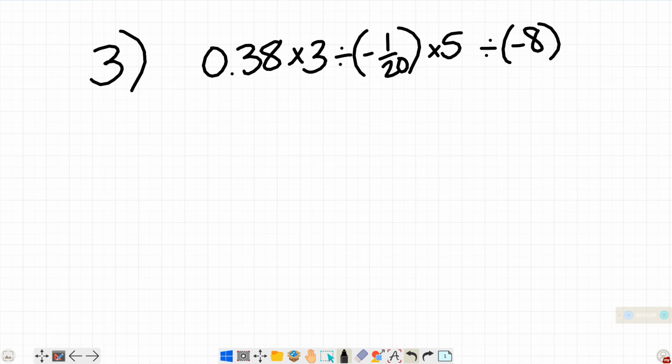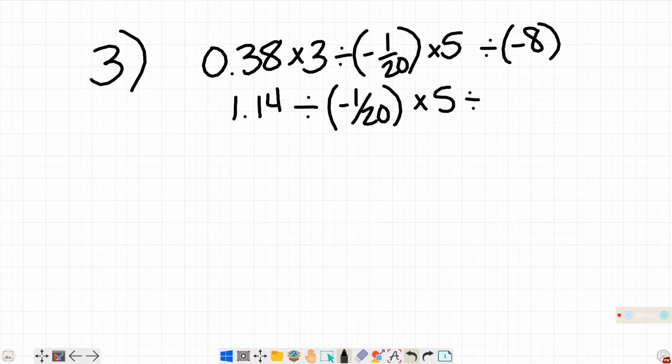So we're going to do 0.38 times 3. When you do that, you get 1.14. And we still have to divide by negative 1/20th, multiply by 5, and divide by negative 8. Remember, we are working from left to right.